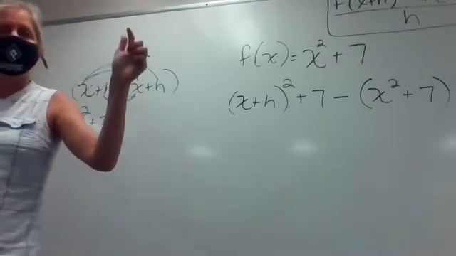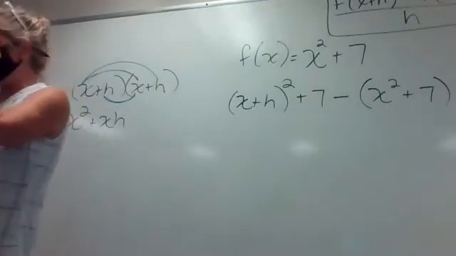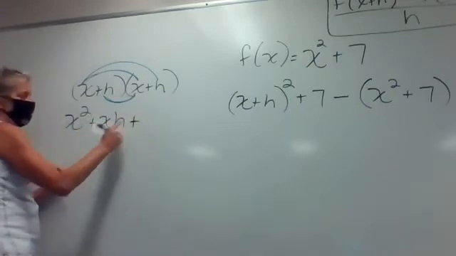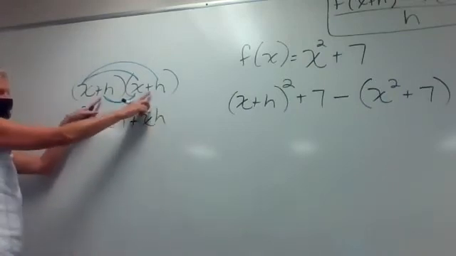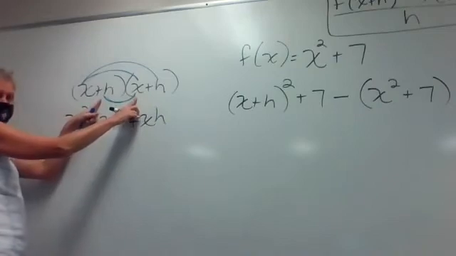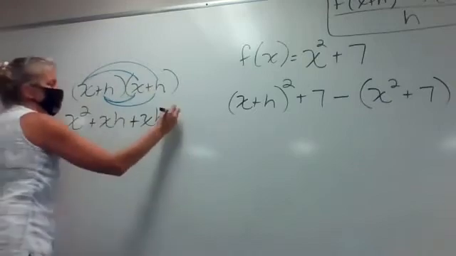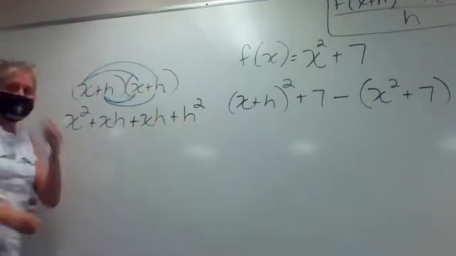XH and HX are like terms. You just have to have the same letters with the same exponents. They don't have to be in the same order. So I'm just going to go ahead and write it like this first one, right? So I just wrote this as XH. And then my last H times H is H squared.